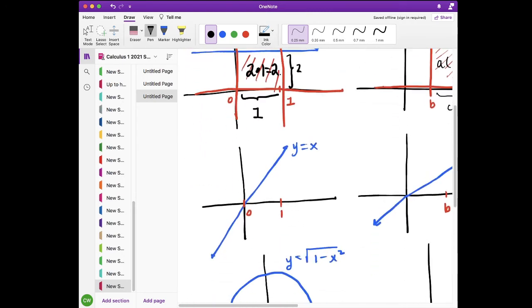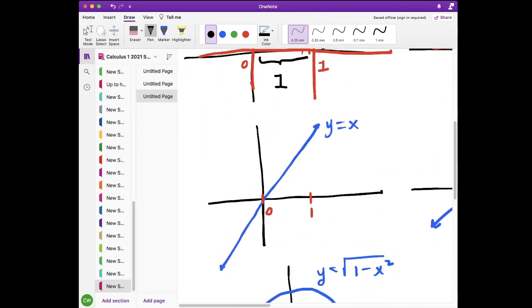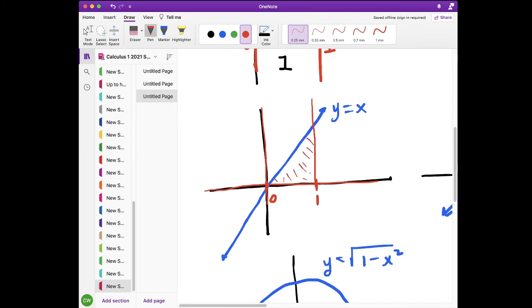Let's do this. Find the region bounded between y equals x, the x-axis, and 0, 1. Okay, so what is the area of this thing? x over 2.